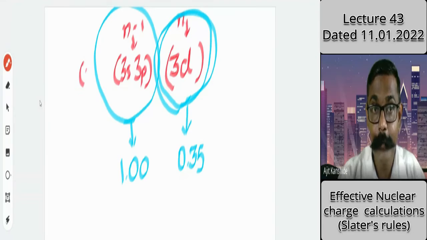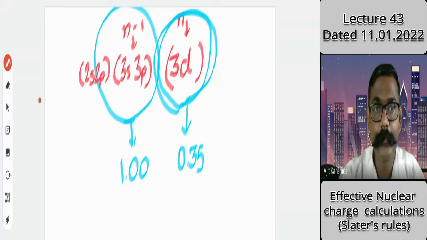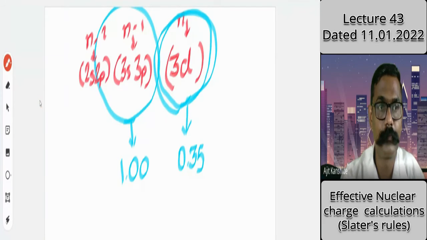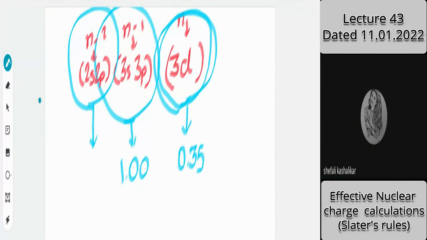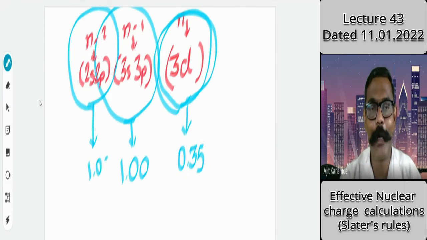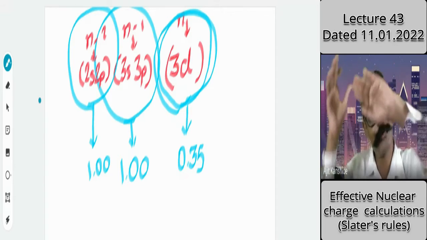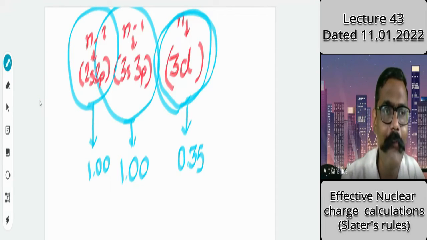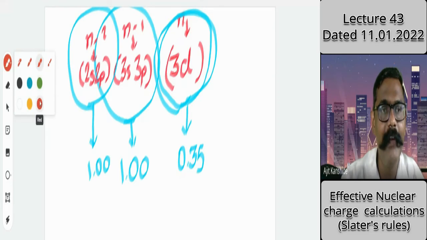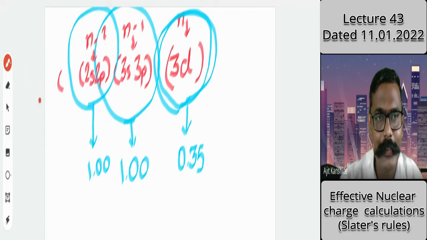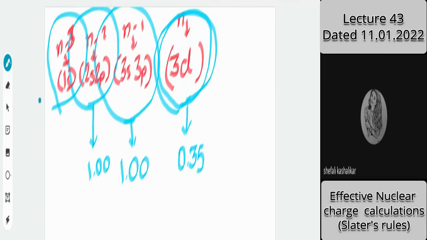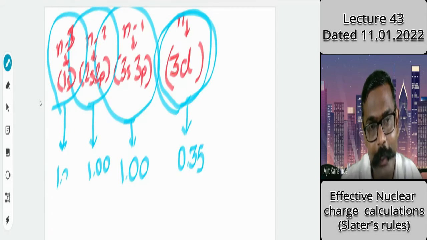Yes, sir. If we consider 2s and 2p, it is an n minus 2 group. What will the contribution be? Now it will be 0.85? No, it is again 1.00. See, once 1.00 came, then it remains 1.00. All lower orbitals will be with that 1.00. See here 1s, it is the n minus 3rd group, the contribution is 1.00.